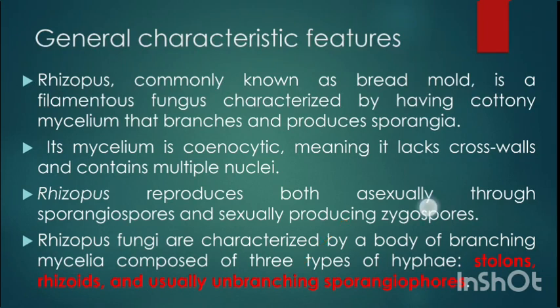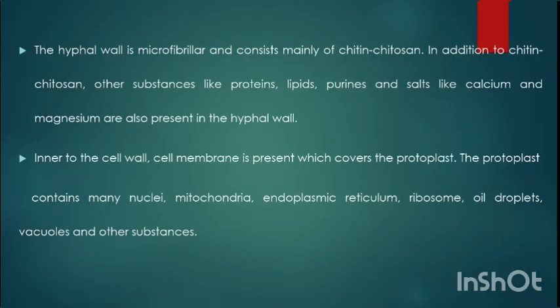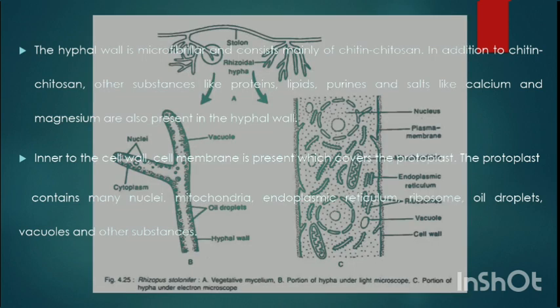Next, the hyphal wall is microfibrillar, consists of chitin, chitosan, and apart from chitin and chitosan, they have some proteins, lipids, purines, and salts like calcium, magnesium. So these are the composition of the hyphal cell wall.